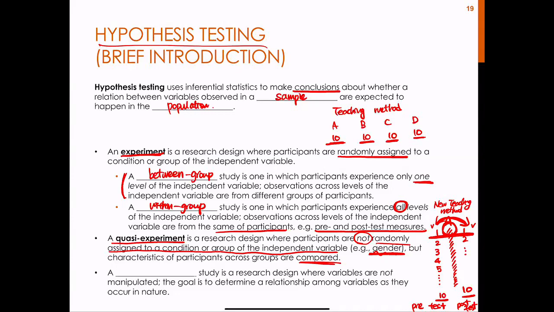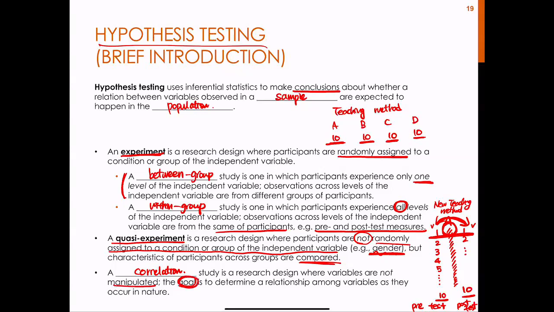The last type of research design is the correlation study. This is a research design where variables are not manipulated.